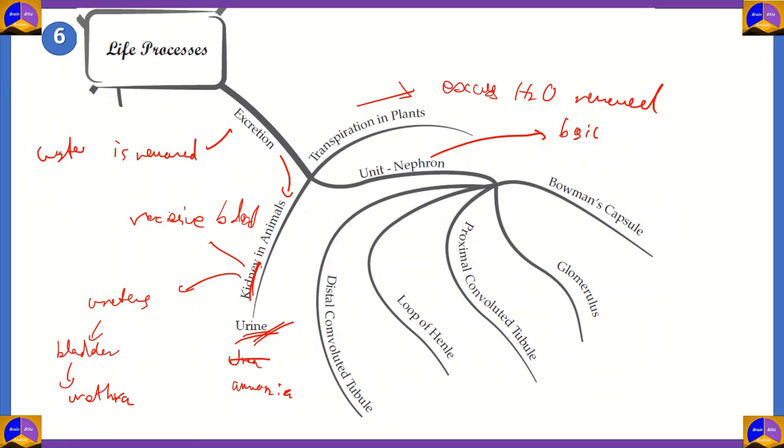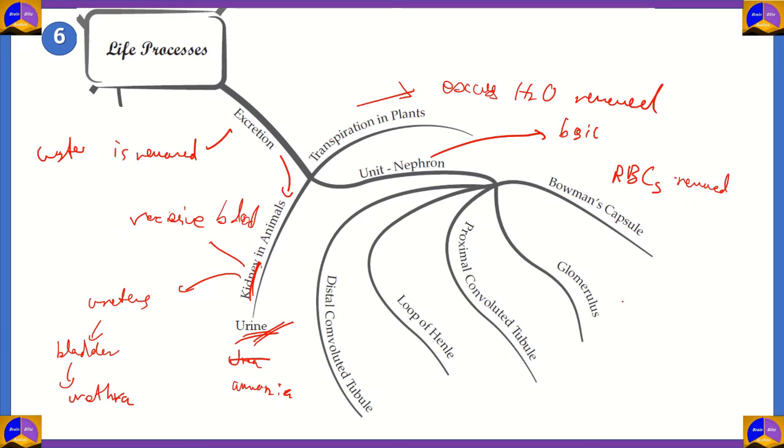So a nephron contains a Bowman's capsule, and that's where the blood is filtered. The formed elements like RBCs and platelets are removed and sent back to the vein.